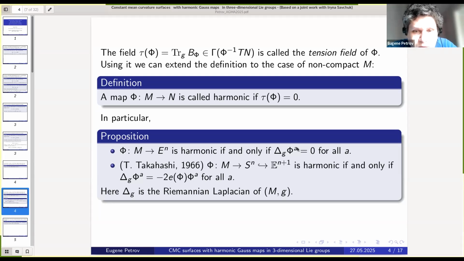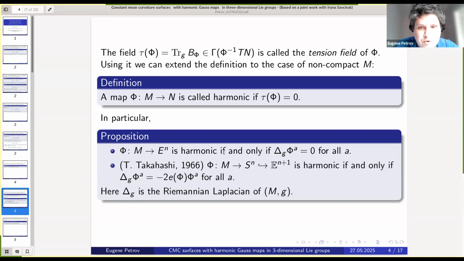And also, if the map is to the n-dimensional sphere, standardly embedded in E^(n+1), then this map is harmonic if and only if the coordinate-wise Laplacian of this map, as a map into E^(n+1), satisfies the following equation: the Laplacian of phi^A equals minus 2 times the energy density function of phi multiplied by phi^A, for each A. So it's a criterion for harmonic maps into spheres that we will use.